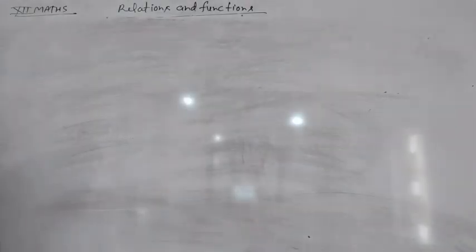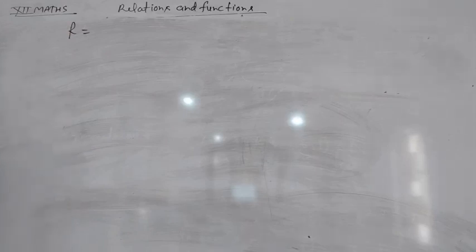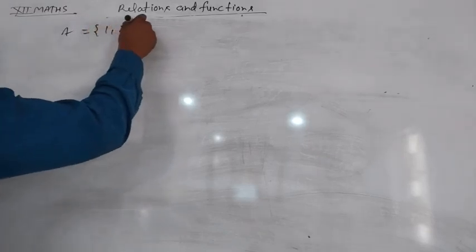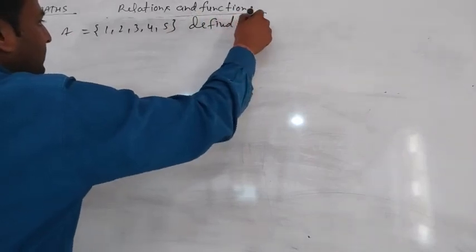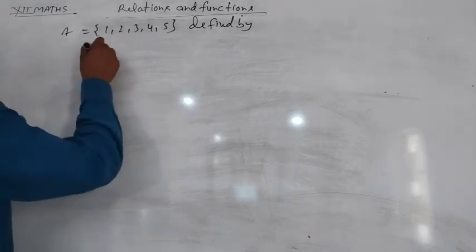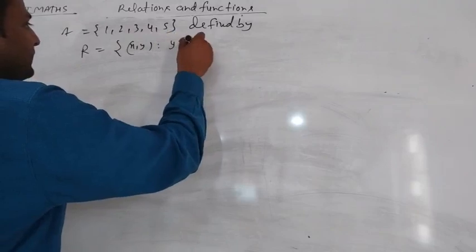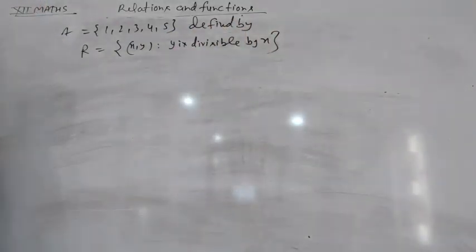Next question: relation R on a set A, which is {1, 2, 3, 4, 5}, is defined by R = {(x, y) such that y is divisible by x}.